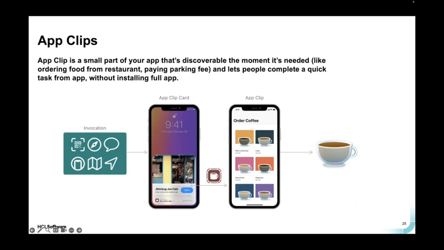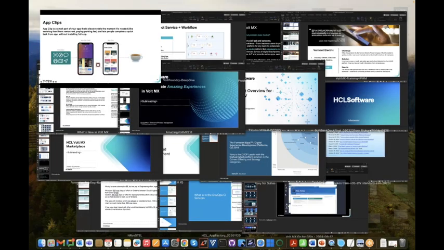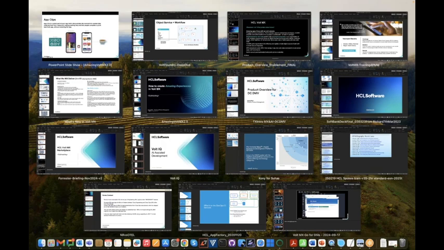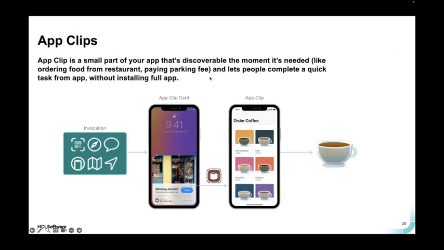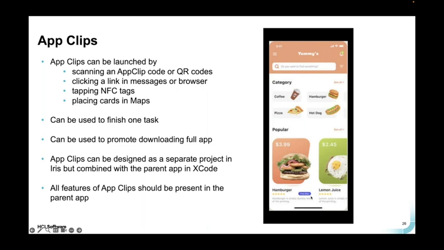It is for just-in-time requirements, right? You can use it for just-in-time requirements, like I'm paying for a parking spot, or I'm paying for a coffee, so to speak. So instead of downloading the entire application, you're taking a part of the application and launching it and then using it, right?